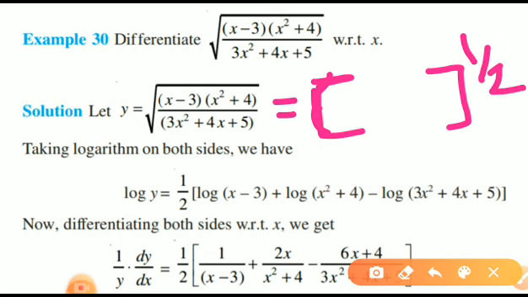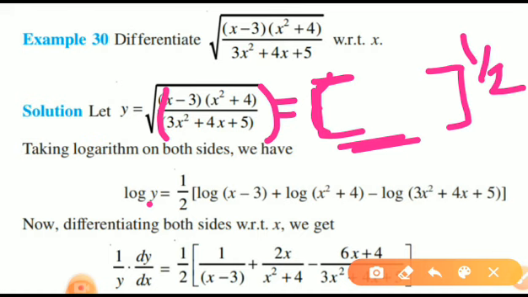Then what to do? Take log on both sides. Taking log on both sides, I'll get log y is equal to log of this bracket raised to 1 by 2. Since log of m raised to n is n into log of m, that is what they have written here: log y will be 1 by 2 times log of this function.